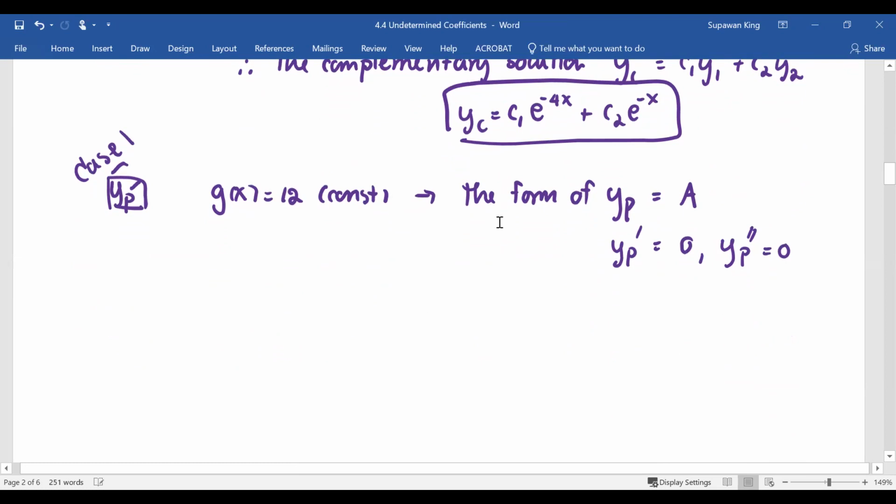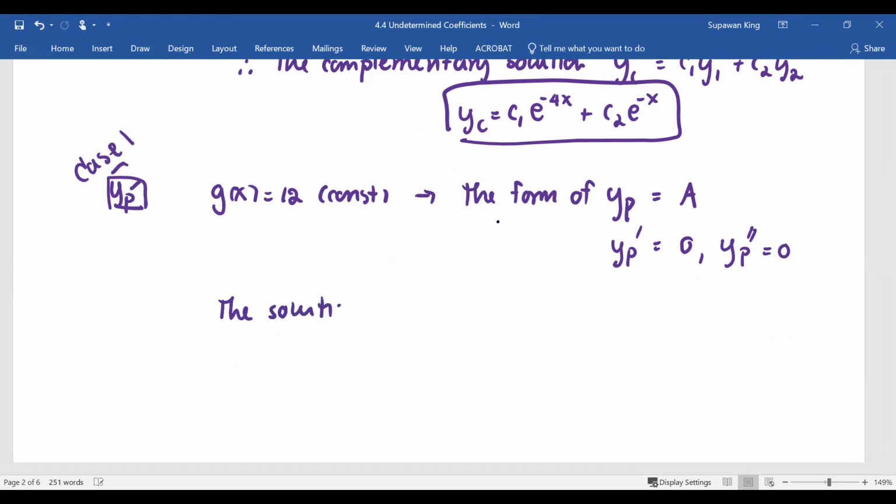We claim yp is a solution. Therefore, yp must satisfy the same differential equation.